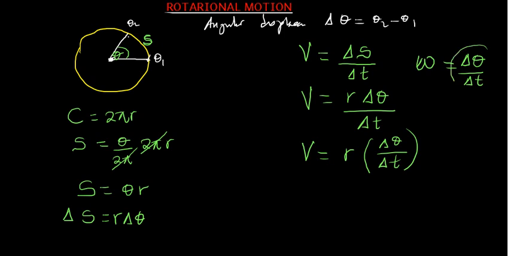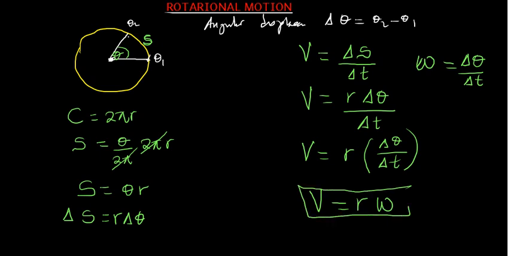So where there is this quantity, we are going to put angular velocity. Therefore, linear velocity is equal to radius times angular velocity. So this becomes the relation between angular velocity and linear velocity. The linear velocity is equal to the angular velocity times the radius. That means the angular velocity is simply equal to linear velocity divided by the radius.